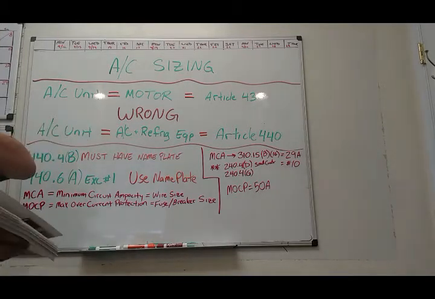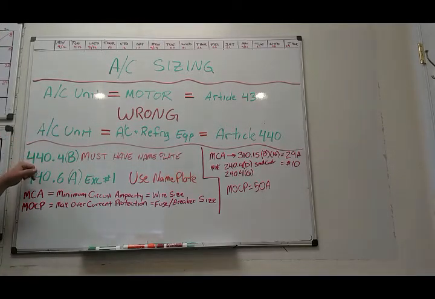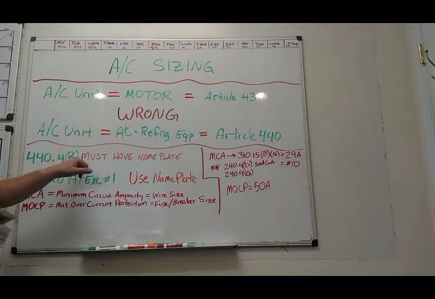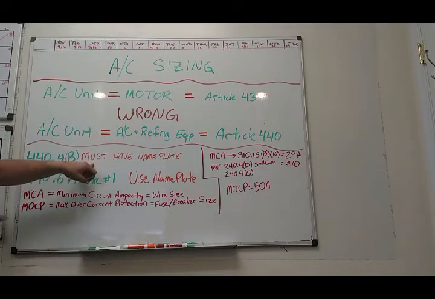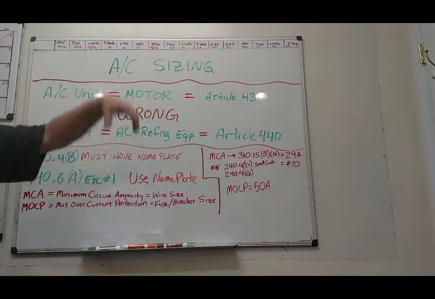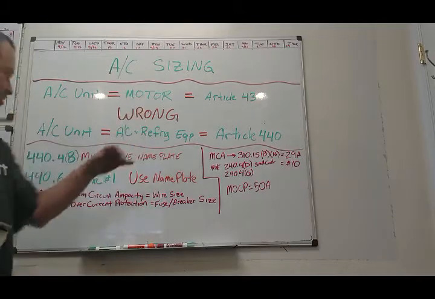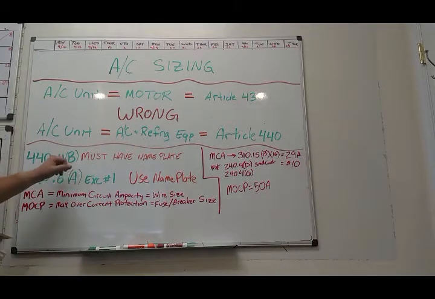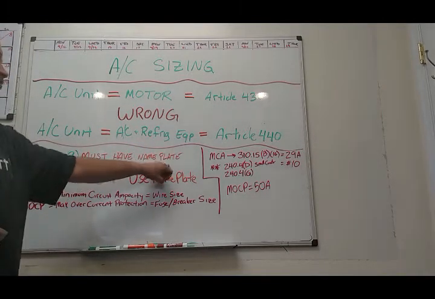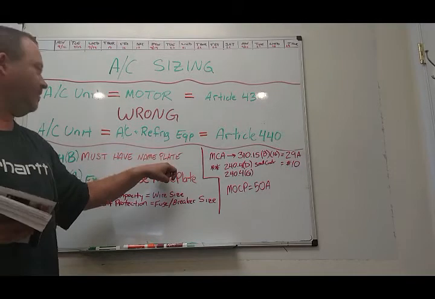So, if you go to Article 440.4(B), it says that these hermetically sealed, and hermetic means that it's airtight, the little capsule you look inside of a house air conditioner, that reddish capsule, the compressor, it's sealed up airtight. Those pieces of equipment must have a nameplate that gives all the information on it.